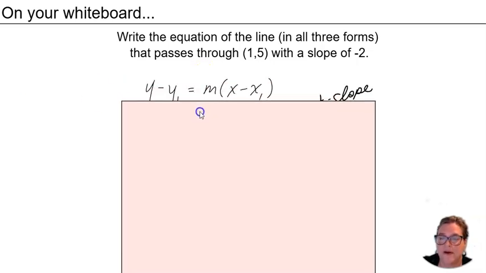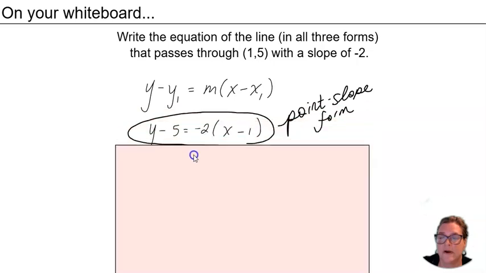Okay, so in point-slope form, I am using the point (1, 5) as my x1, y1, and the slope is -2, and that's the m in the formula. So I've got y minus y1, which is 5, equals the m, which is -2, times the quantity x minus, and x1 is 1.